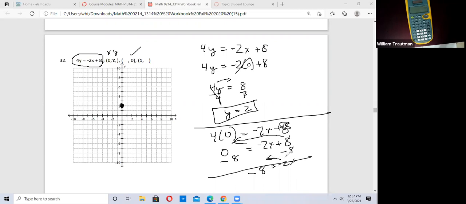And then I've got to take the negative 2 to the other side. It's multiplying, so I'm going to divide by a negative 2. And x equals negative 8 divided by negative 2, which is a positive 4. So when y is 0, x is 4. So this is the other dot. Connect the dots and we have the answer.